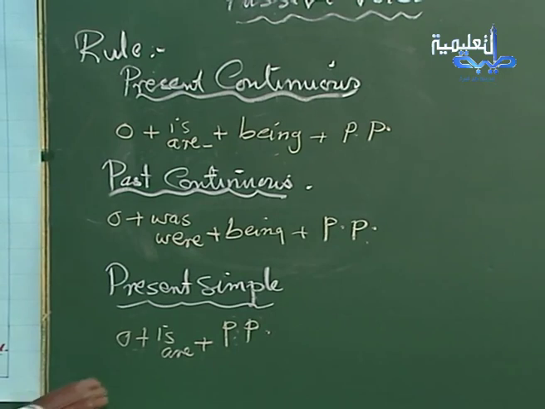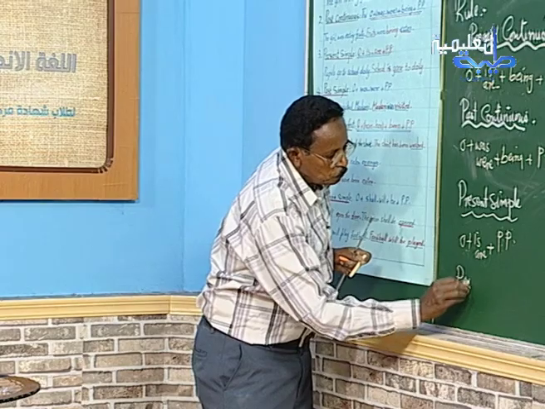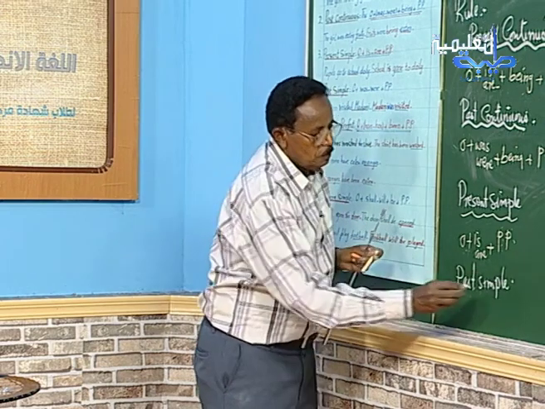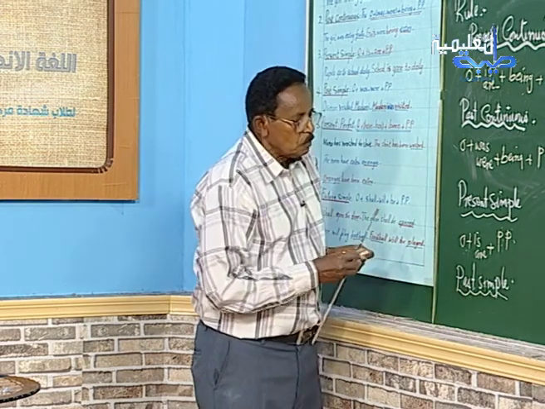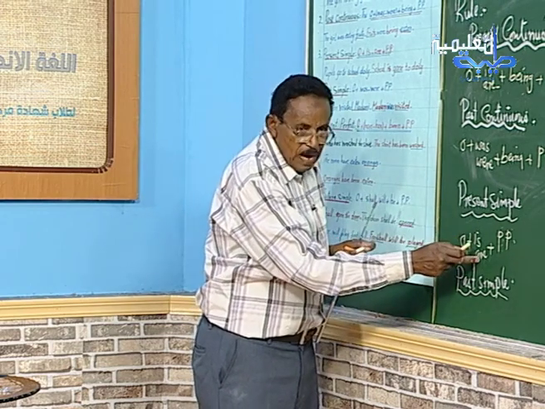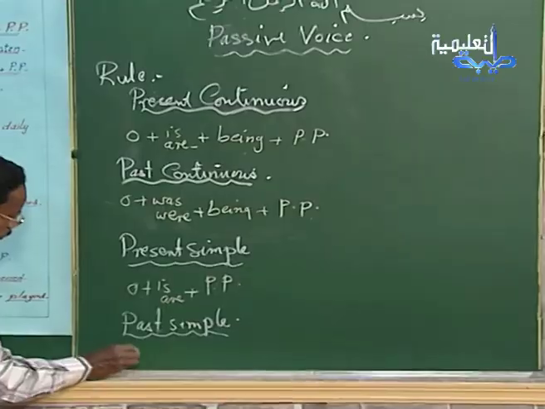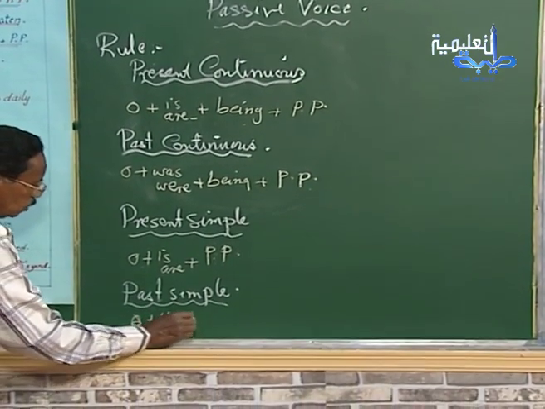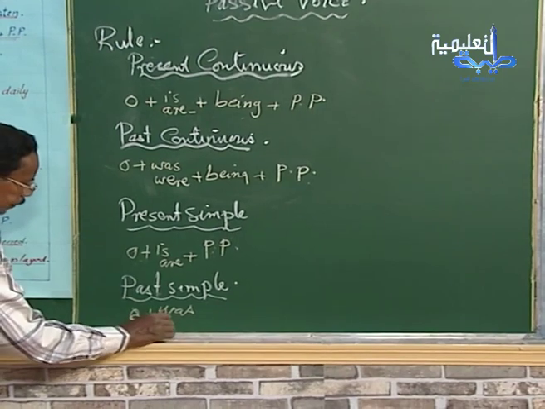For past simple, the only thing I change is is to was and are to were. Object plus was or were.